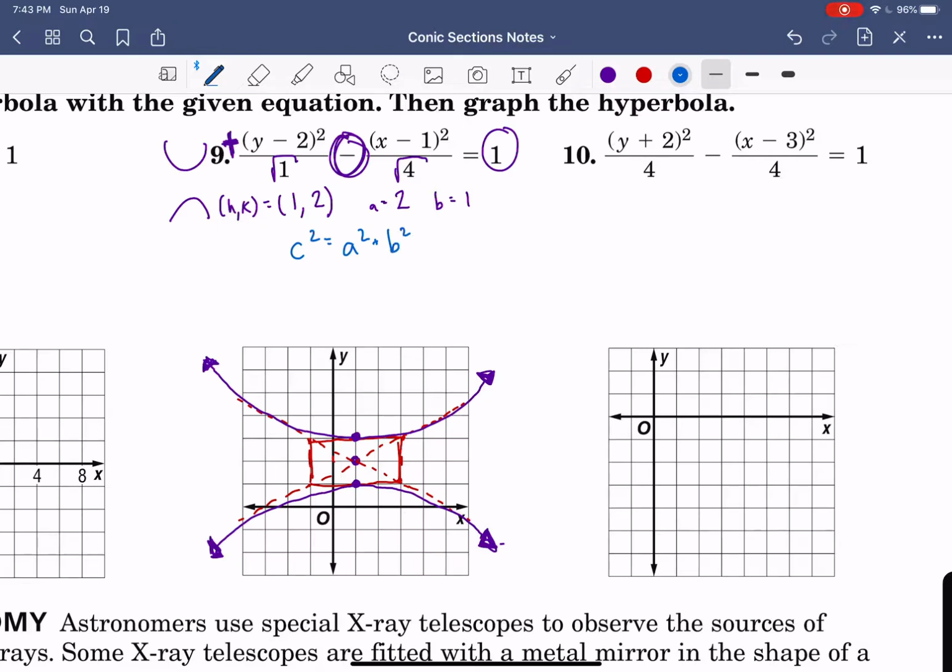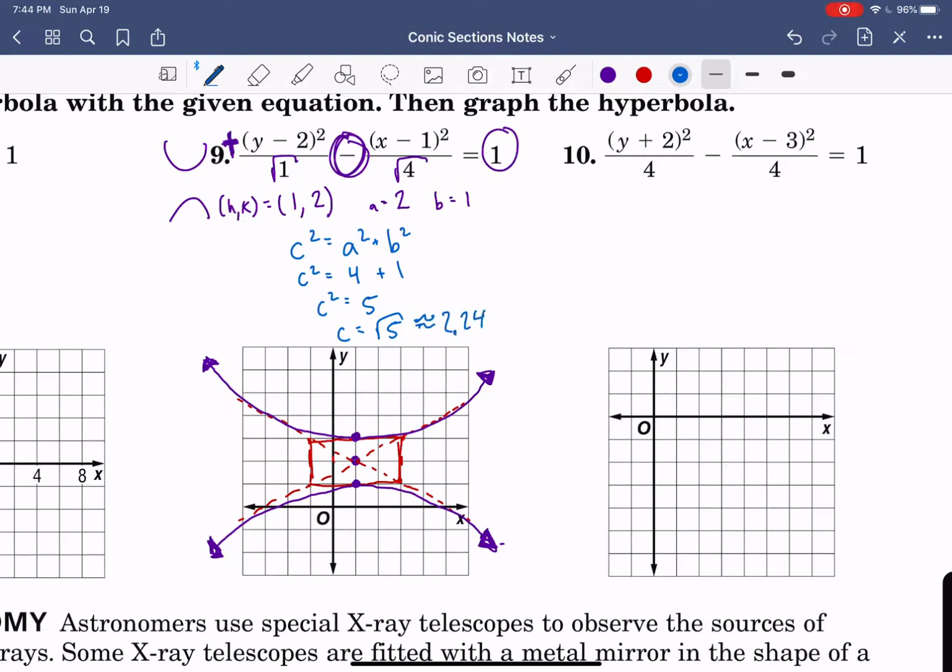It doesn't really matter which direction it opens up in, we still use the same one for either case. So here we have c squared is equal to a squared, which is 4, plus b squared, which was 1. c squared is equal to 5. So c is equal to the square root of 5, which according to our calculator, is approximately equal to 2.24.